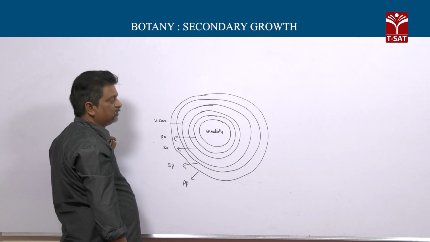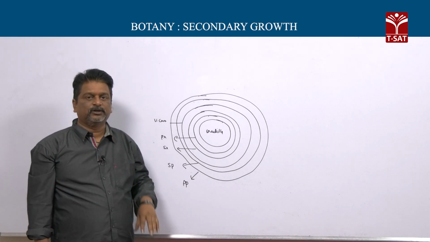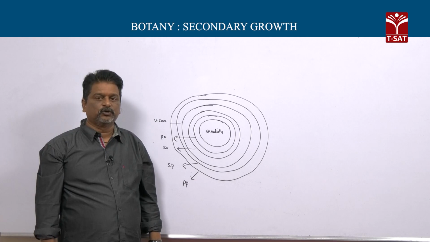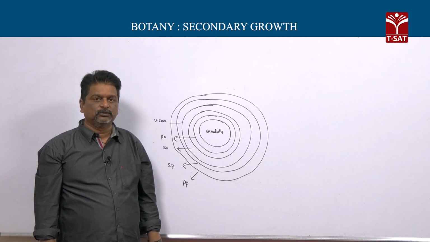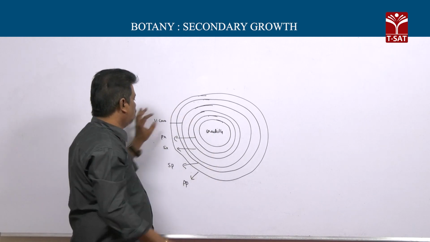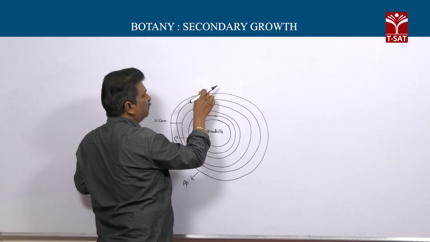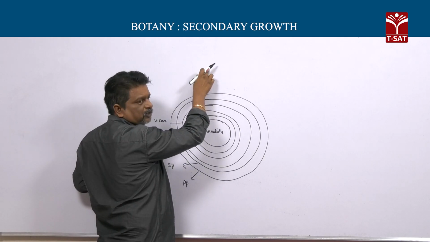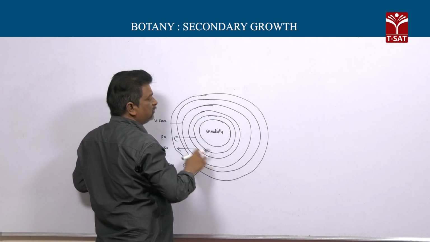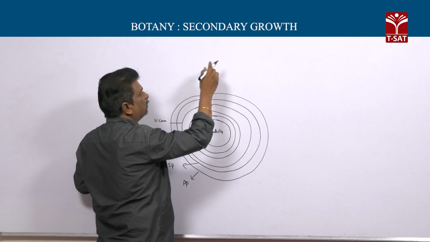These protective layers are replaced by a new protective layer, which is called the periderm. So how is this periderm formed? Outside the primary phloem, the endodermis and pericycle of the old stem are replaced.